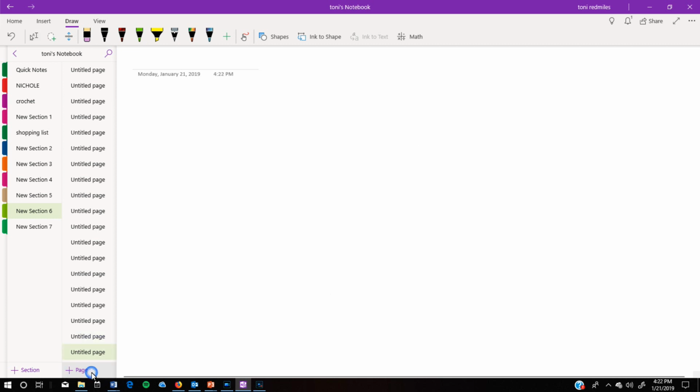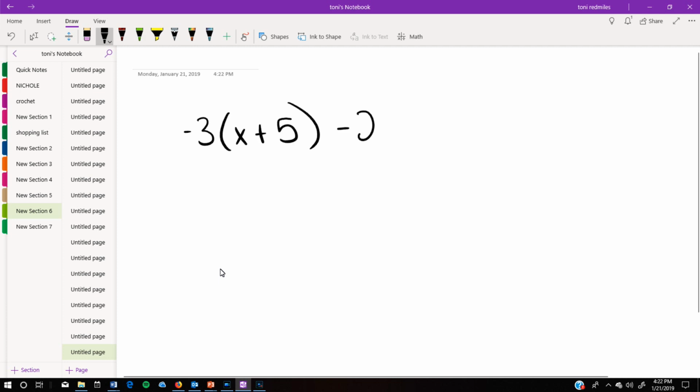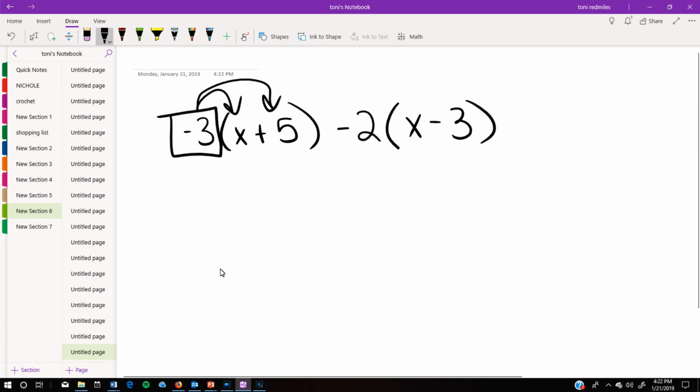All right, let's do one with some negatives in it, okay? So what if I have this, okay? So in this one, again, I've got to distribute it through, all right? But remember, I always take the sign in front of things when I'm doing it. So I'm actually taking a -3 through this first one and a -2 through the second one, all right?